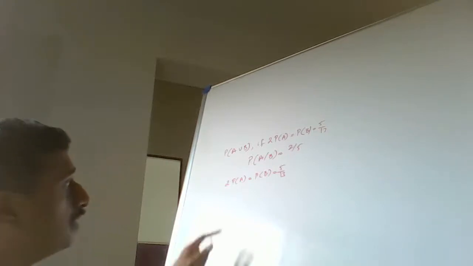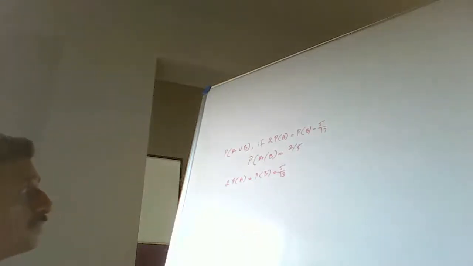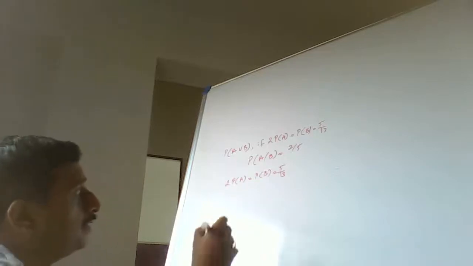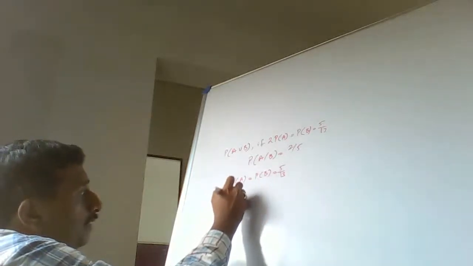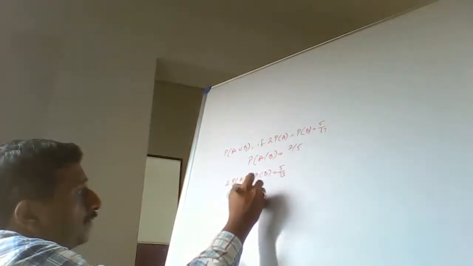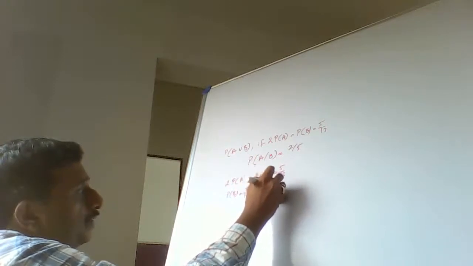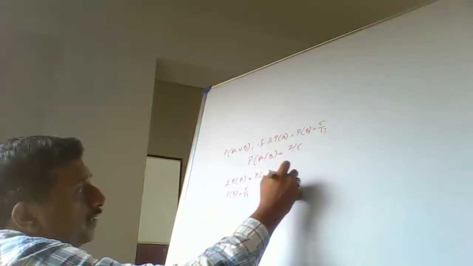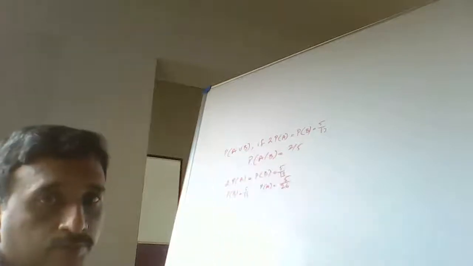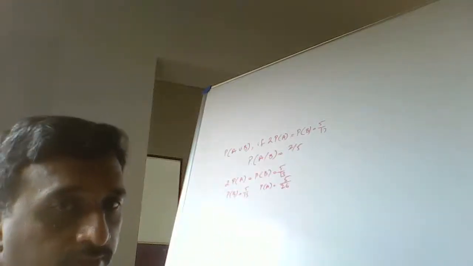Now since these are given, I can write that P of B is 5 by 13, and P of A, taking it to the other side, is 5 by 26. So you get this result. Fine.